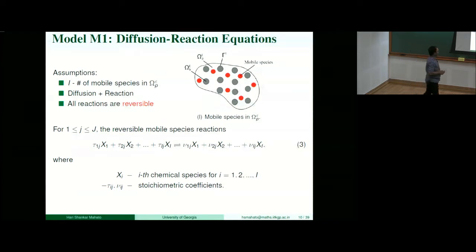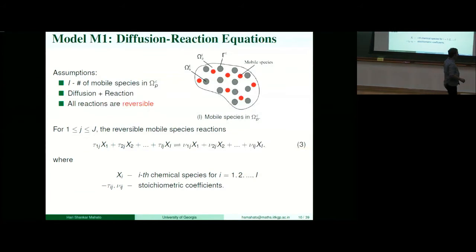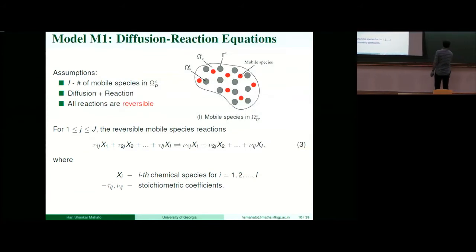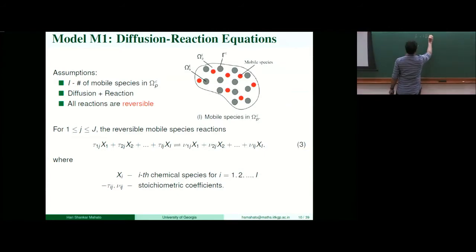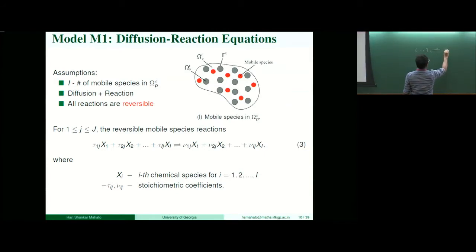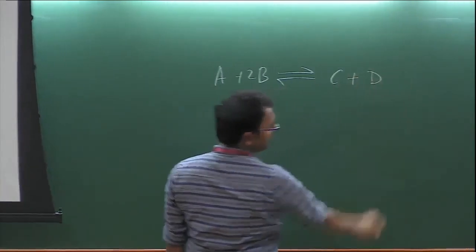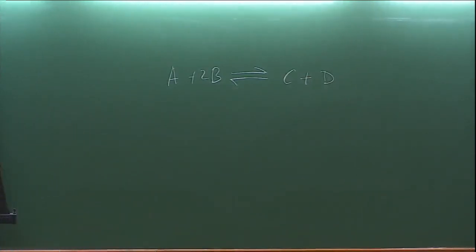One particular example could be A + 2B = C + D. So we have one reaction in this case and 4 chemical species. Based on that, we will have 4 reaction rate terms, one for every chemical species corresponding to the chemical reaction.